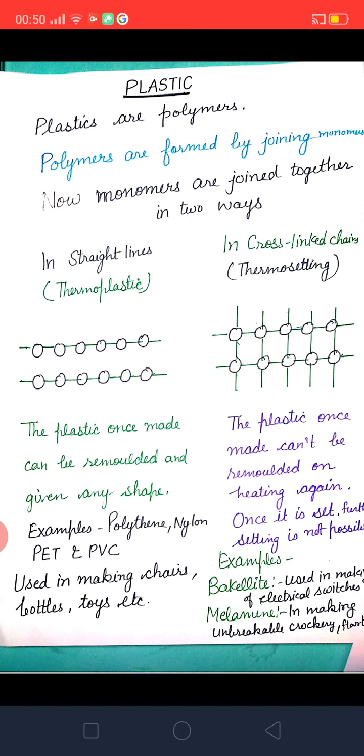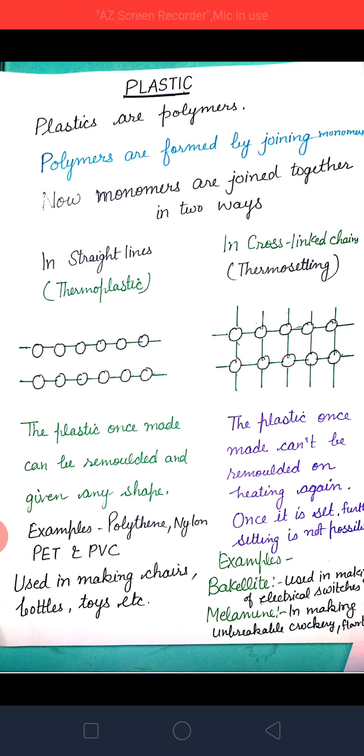And if the plastic monomers are linked in cross chains, then that type of plastic is known as thermosetting plastic.